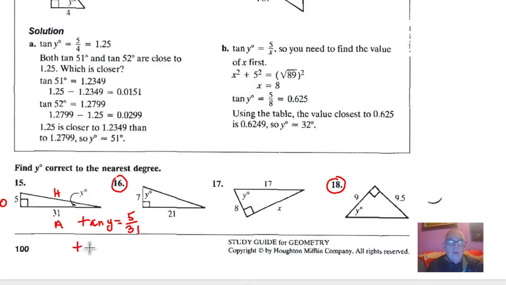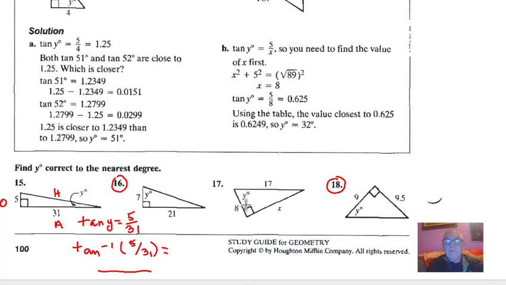So I need to do tan minus 1 of whatever decimal comes out to be 5 divided by 31. And that should give me the angle in degrees. And we want to round it to the nearest whole degree. So no decimal degrees. I'll leave that for you to complete.